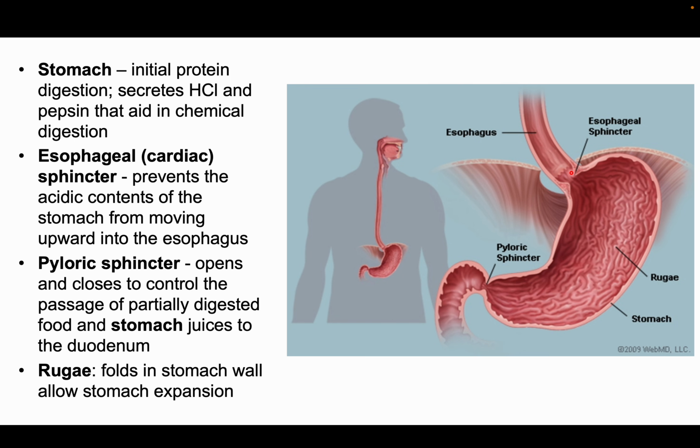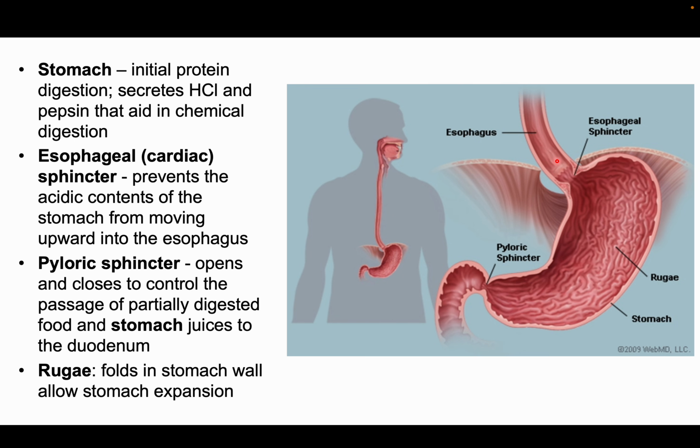So, this sphincter is called the esophageal sphincter, but it's also known as the cardiac sphincter. It closes off when chyme is inside the stomach. If it were to accidentally open up, you would have some of the chyme traveling back up the esophagus, and it will create this sensation of heartburn. This is called acid reflux.